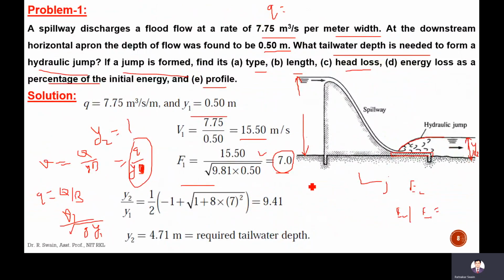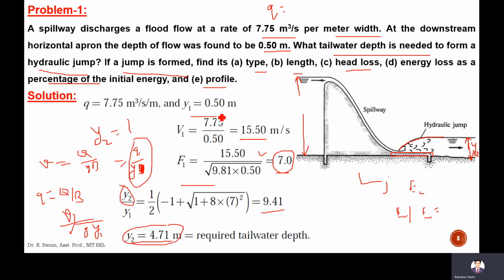Y1 is known, Y2 you have to calculate, F1 is known. So the ratio of sequent depths Y2 by Y1 is calculated with this expression: 1 by 2 whole into minus 1 plus square root of 1 plus 8 F1 square. So using that expression, the ratio is calculated and Y2 is calculated, that is 4.7 meter.